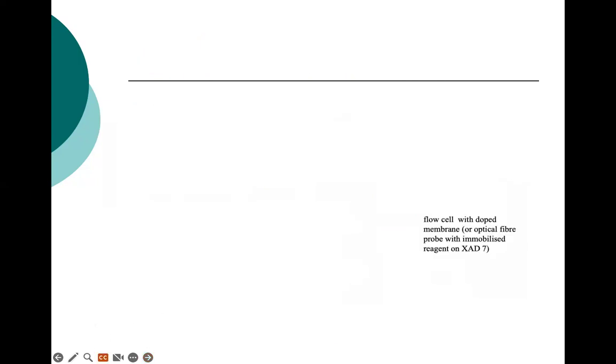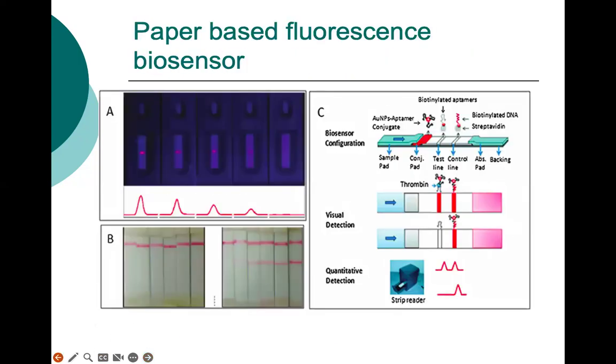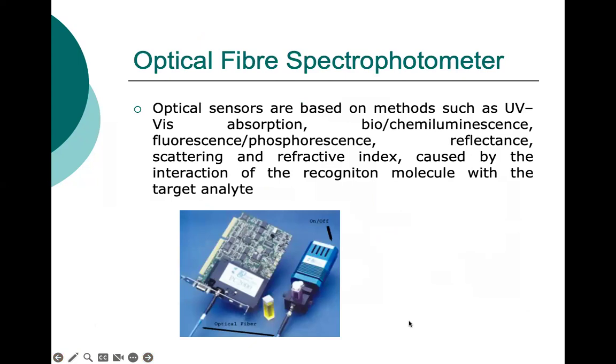Those are the ones with naked eye, which means you don't have to use a machine. The one with quantum dots, you have to use at least a UV lamp. Next one is portable device. You start the optical sensors using machines, using UV visible spectrophotometer, using fluorescence spectrophotometer.